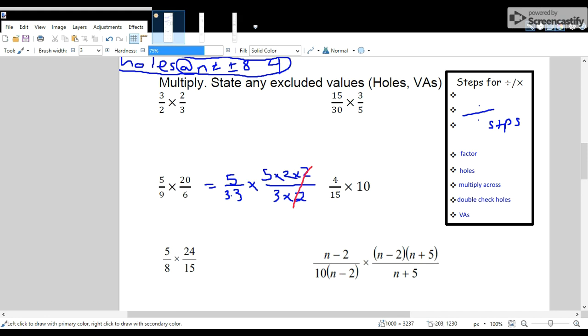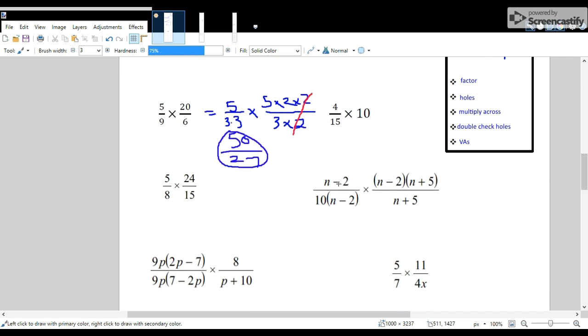So to multiply these, we have 5 times 5, that's 25. 25 times 2 is 50. And 3 times 3 times 3 is 27. There's no vertical asymptotes and there's no holes because there are no variables. Even though these 2's canceled out, there's no variables, so there would be no holes.